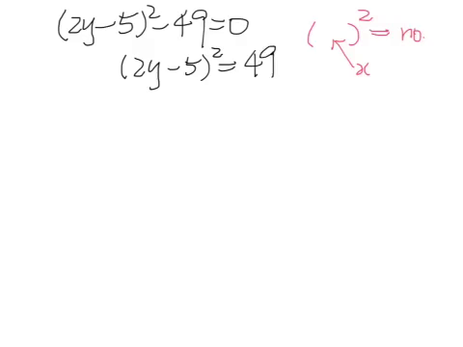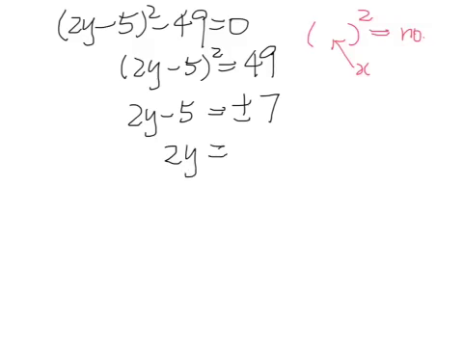And so 2y minus 5 equals plus or minus the square root of 49, which basically is just plus or minus 7.